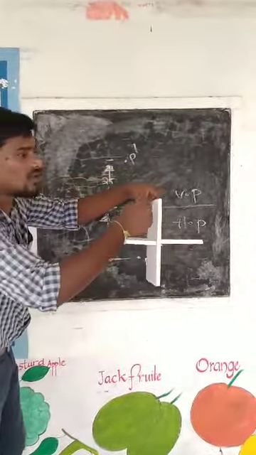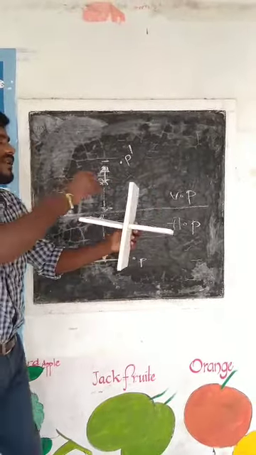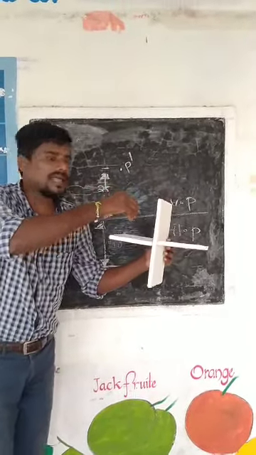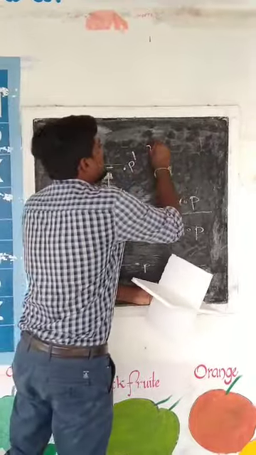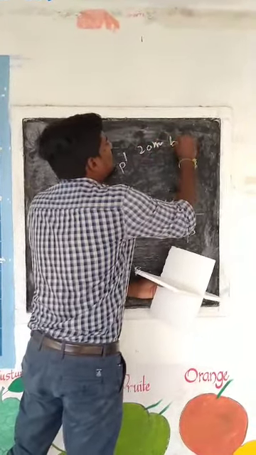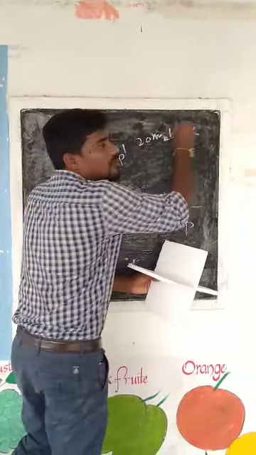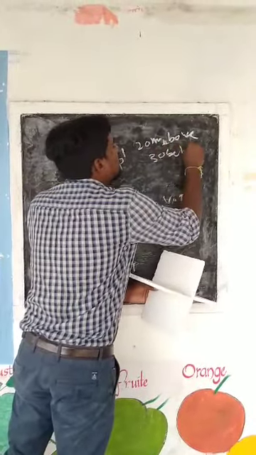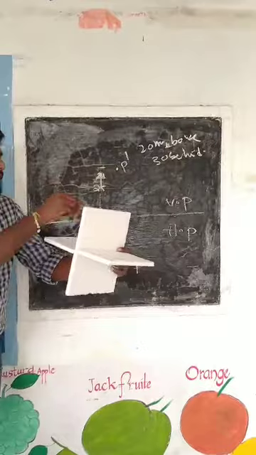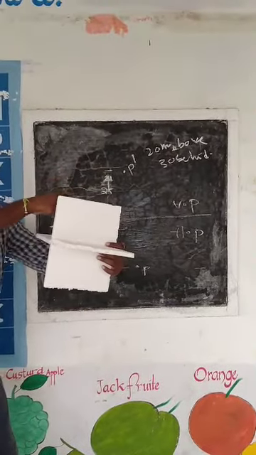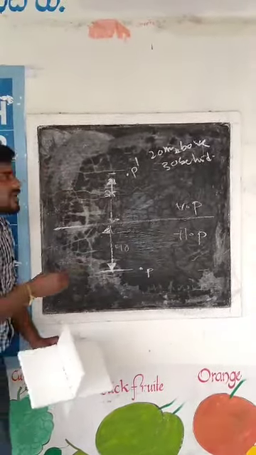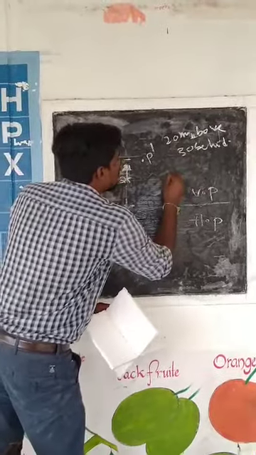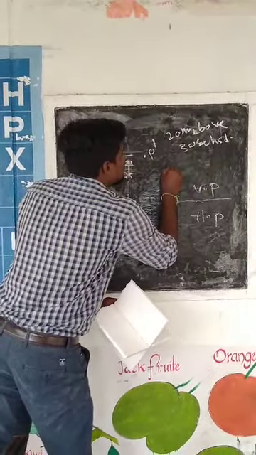When we come into the second quadrant, if a point lies 20 mm above the HP and 30 mm behind VP, then 20 mm above the HP means the point lies here.